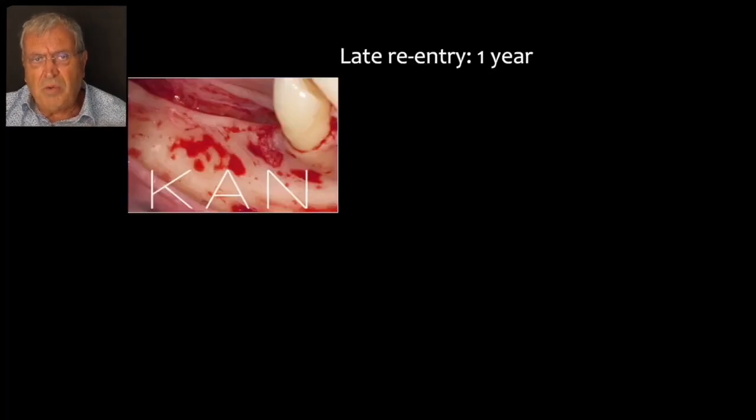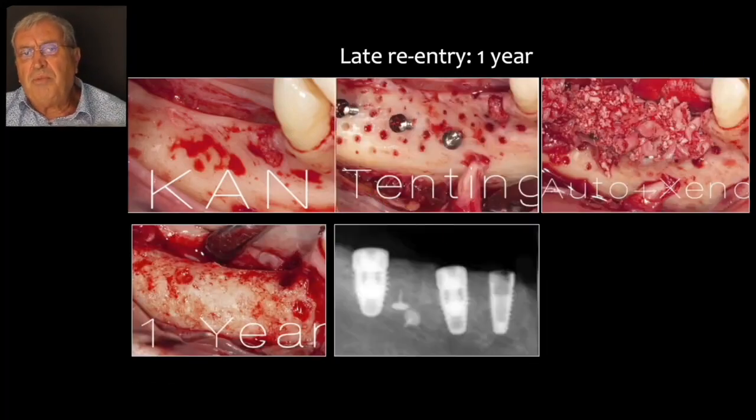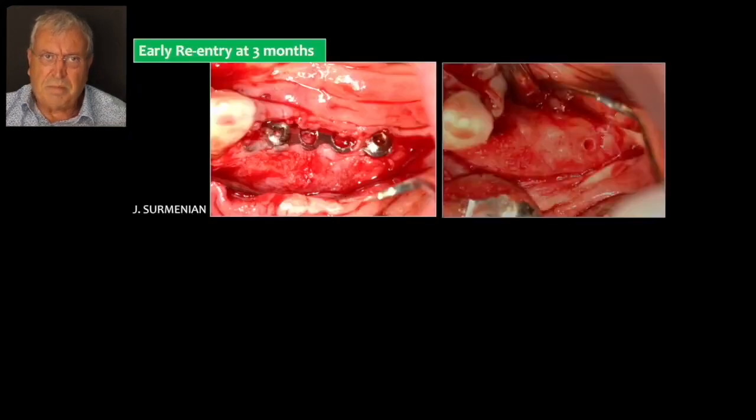After waiting a long time, because when you wait 1 year after a bone augmentation, obviously the bone is very dense and stability is not possible, because when the bone is too dense, it's very easy to kill it.